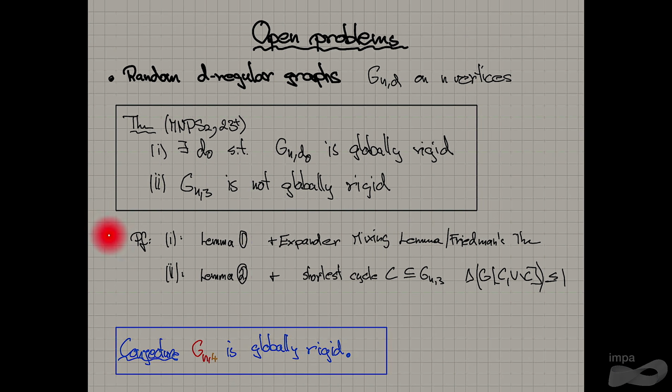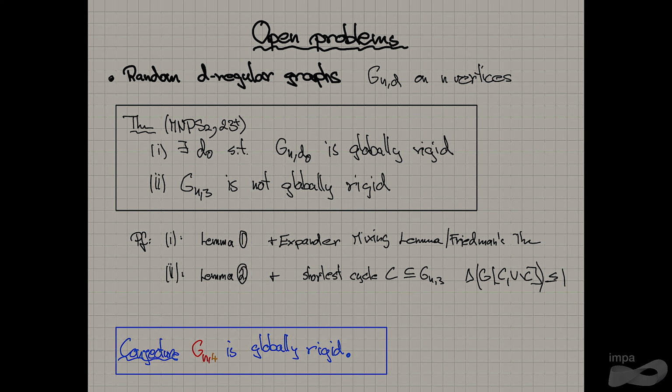On the other hand, G(n,3) is not globally rigid. Here you can show that almost surely the simple combinatorial criterion I said will hold. In fact, it was also pointed out that if you massage our proof, you can even show that every large enough 3-regular graph is not globally rigid.